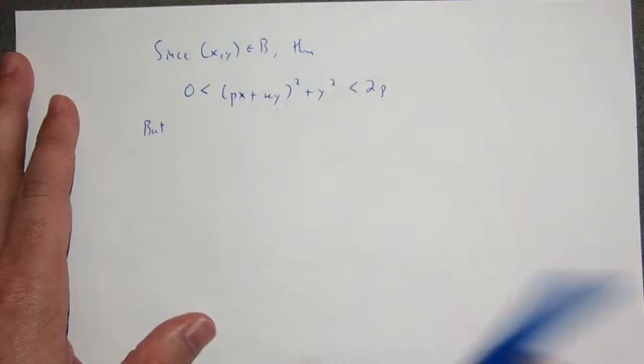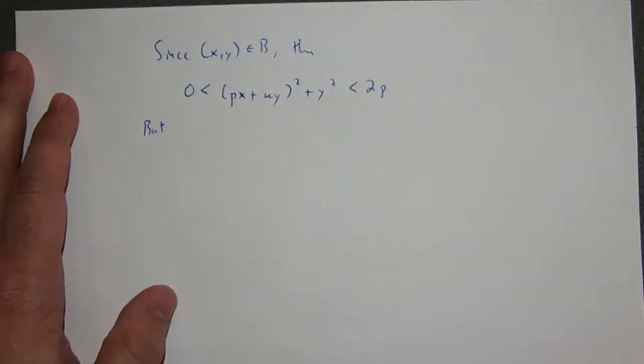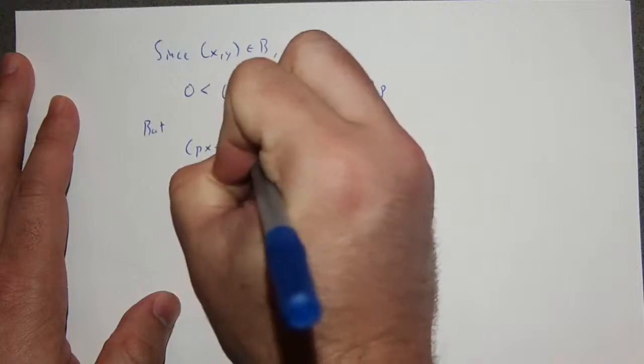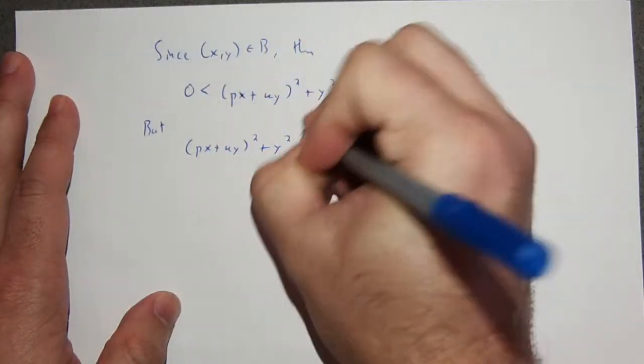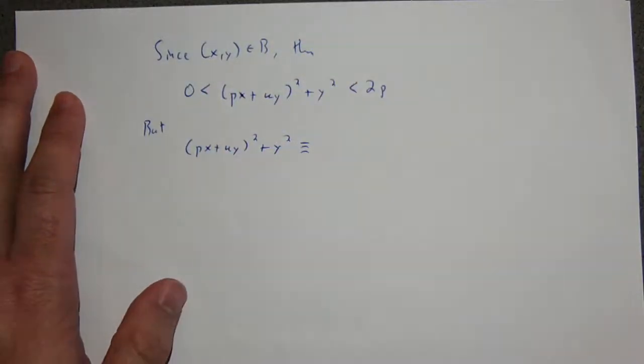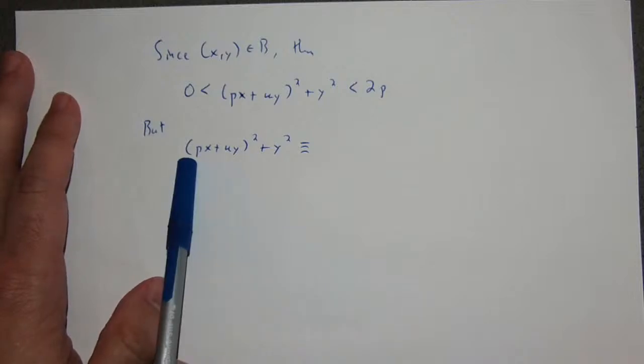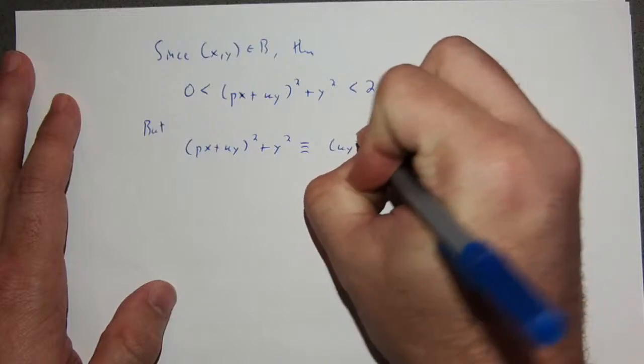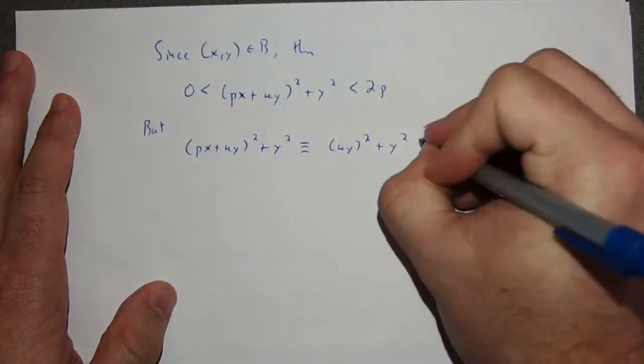But if I actually consider what this thing is mod p, I look at (px plus uy) squared plus y squared. Mod p, what does this thing look like? Well, mod p, px is 0, since p is 0 mod p. So this becomes (uy) squared plus y squared.